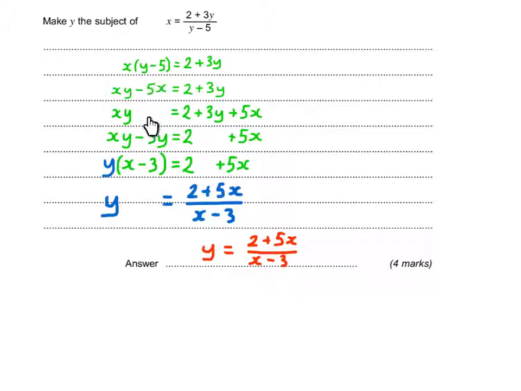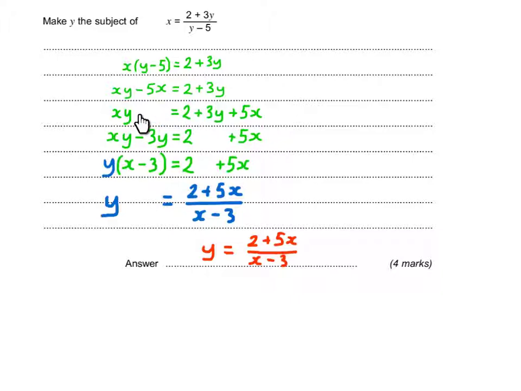I'll add 5x to both sides to do that. So xy equals 2 plus 3y plus 5x.